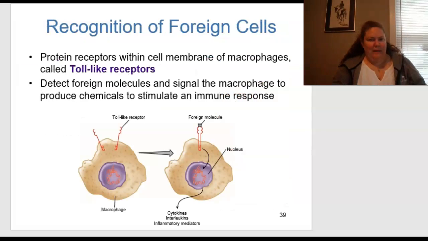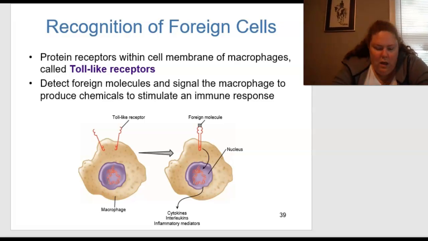So how do we recognize these foreign cells? Okay. Well, this is figure 14.18, and this is phagocyte detection and signaling with toll-like receptors. You have to pay a toll to pass, right? Toll-like receptors, which are abbreviated TLRs, span the membrane of the phagocytes and other cells in the immune system.